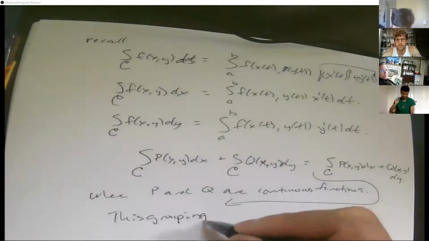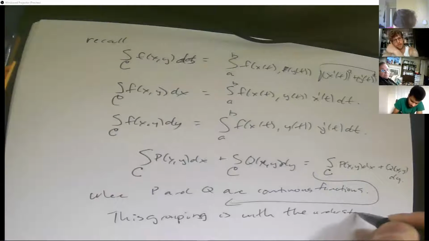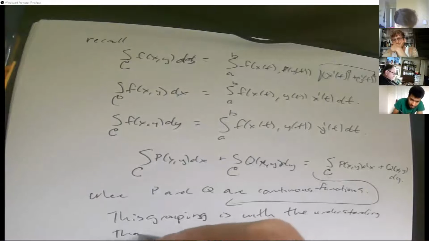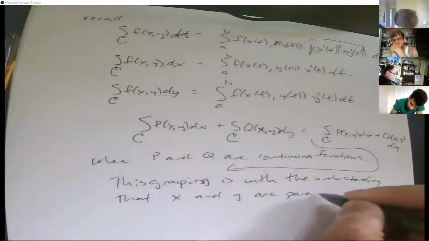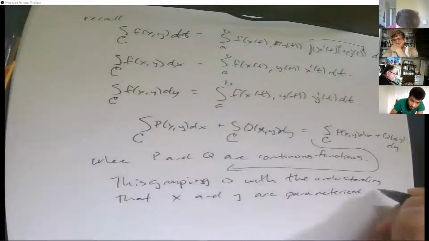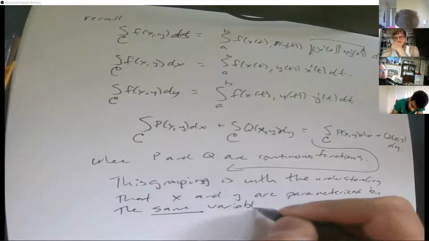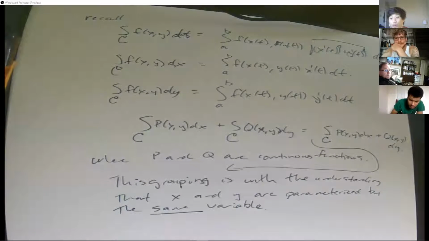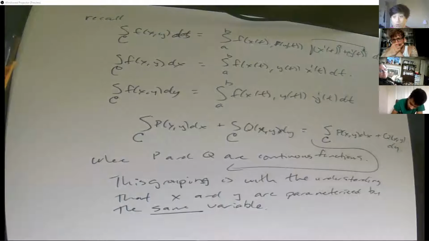So if we're going to compute this integral, that literally means parameterize x and y in terms of one variable, and then we can add those integrals together. Okay? Does that make sense?